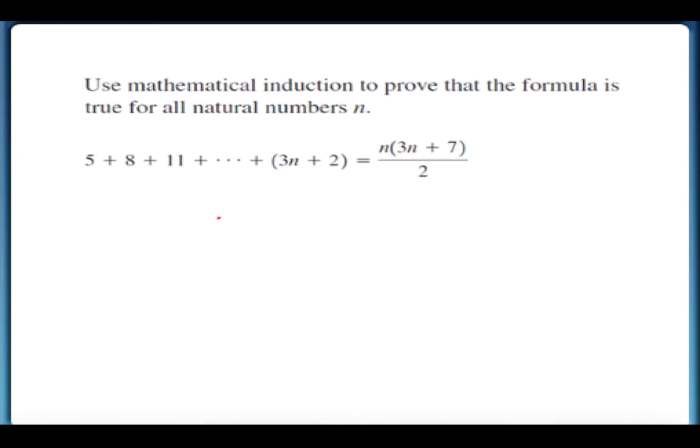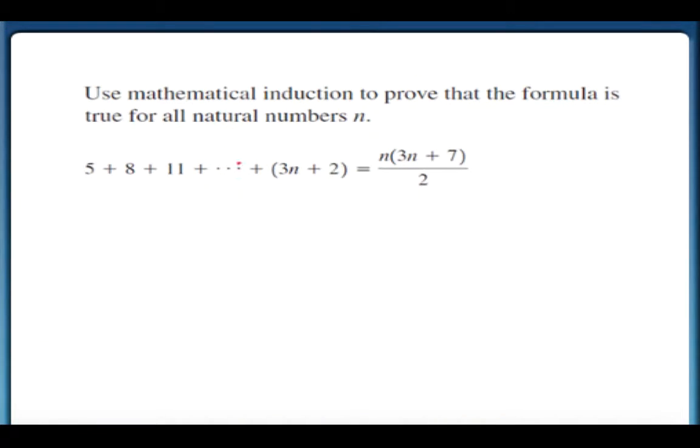We need to use mathematical induction to prove that the formula is true for all natural numbers n. 5 plus 8 plus 11 plus ... plus 3n plus 2 equals n times 3n plus 7 over 2. So we're going to let P of n denote this statement.